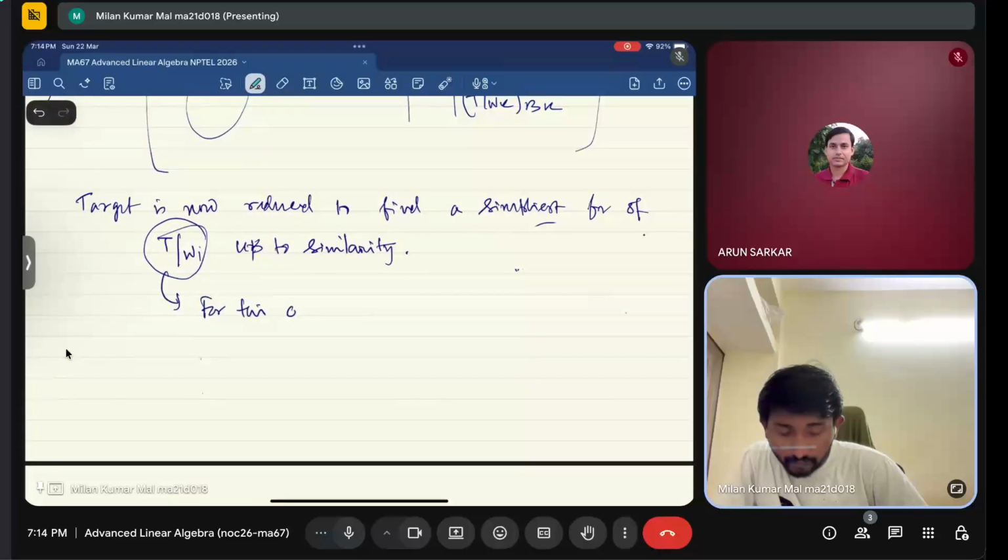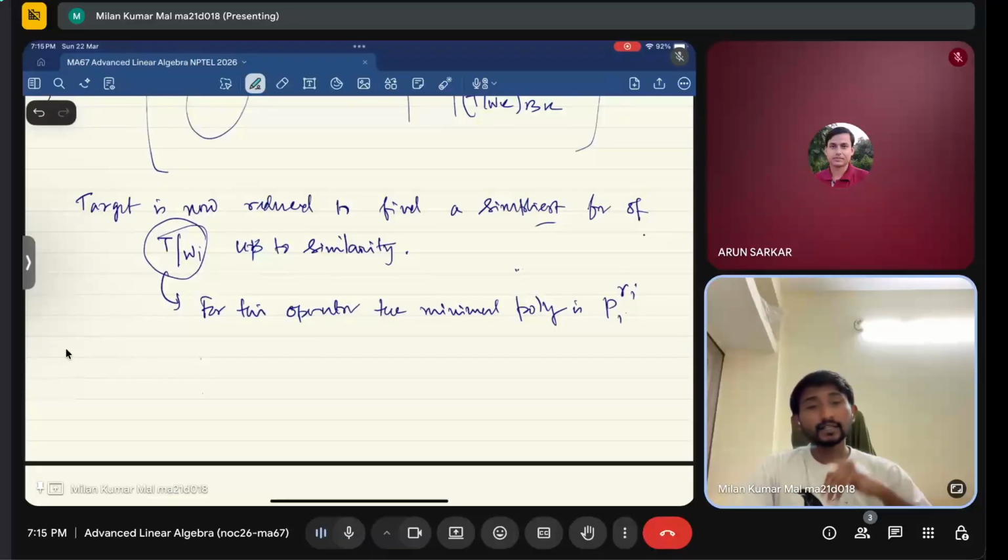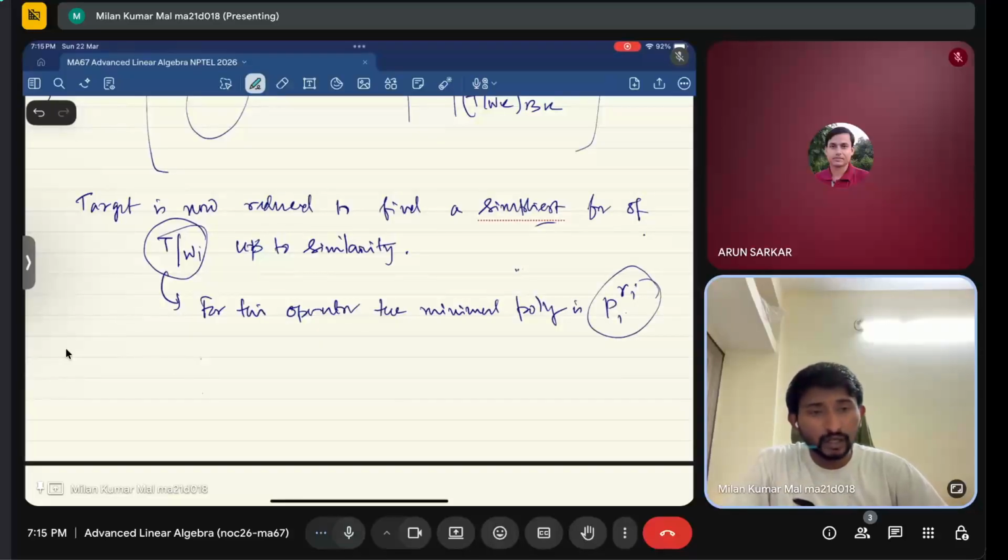For this operator or matrix, the minimal polynomial is pi to the power ri, and pi is an irreducible monic polynomial. Therefore, our task will be to find the simplest form of a matrix whose minimal polynomial is a power of an irreducible monic polynomial.